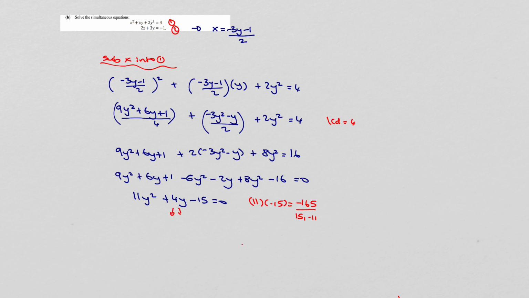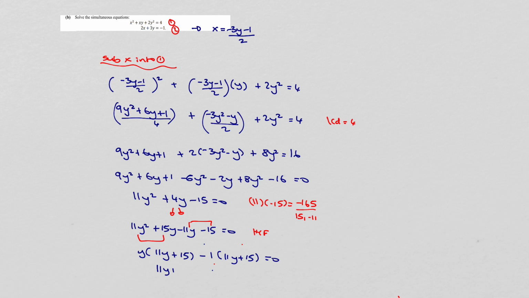So replacing the 4y with 15 and the minus 11, I get 11y squared plus 15y minus 11y minus 15 equals 0. Group the first two, take out the highest common factor, and group the second two and take out the highest common factor. And I have y, leaving me with 11y plus 15 minus 1, and then 11y plus 15 equals 0.